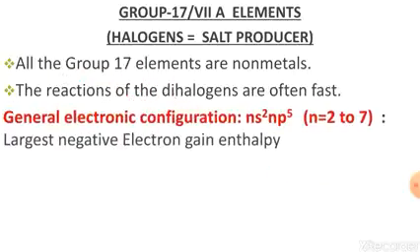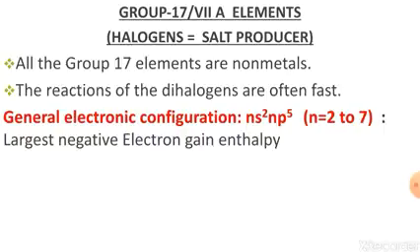Now dear students, let us focus on the general electronic configuration. So here the general electronic configuration of group 17 elements is ns2 np5. Again here n equals number of shell, that is from 2 to 7. So look at this configuration.